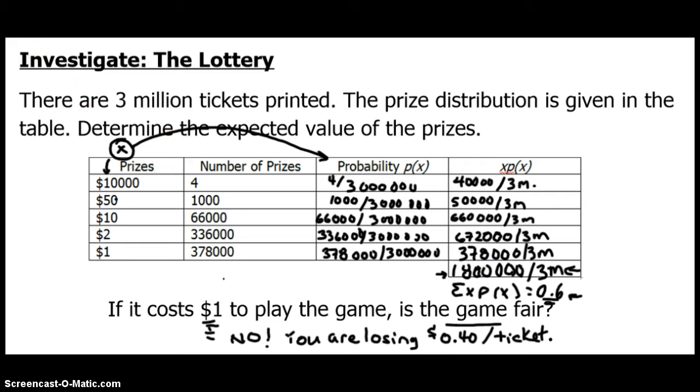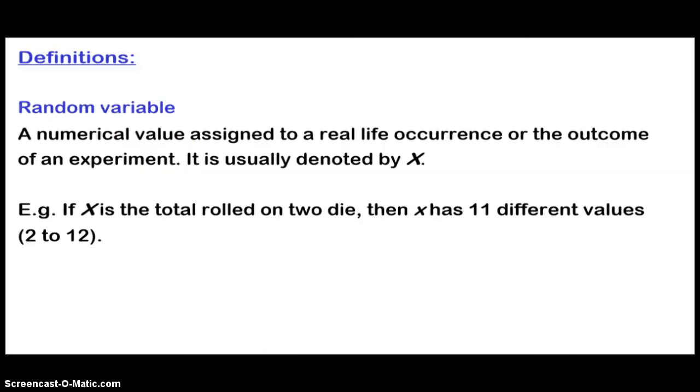Just to finish up with a few definitions on what we've been doing. What is a random variable? Unlike just a variable, a random variable is a variable that can take on any value, but it's randomly assigned. So a numerical value assigned to a real-life occurrence or the outcome of an experiment, but the value of that variable is arrived at by chance, by some unknown probability.